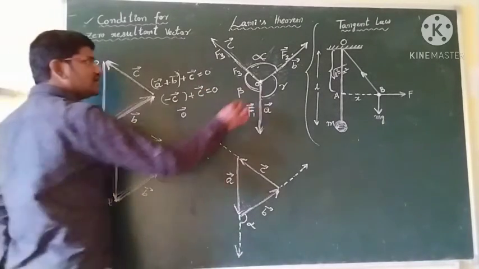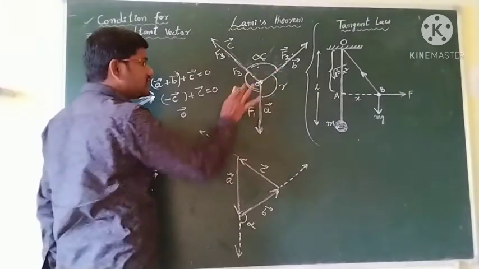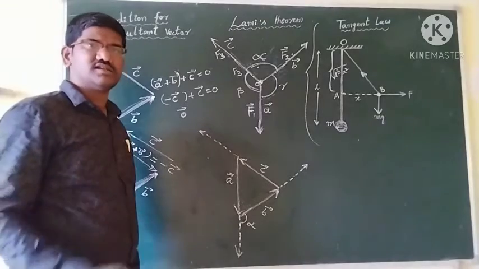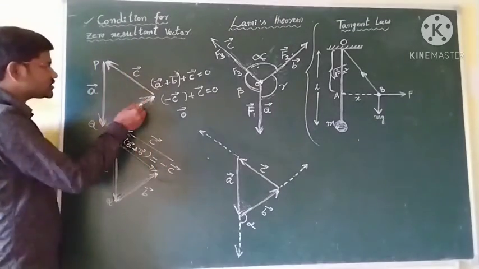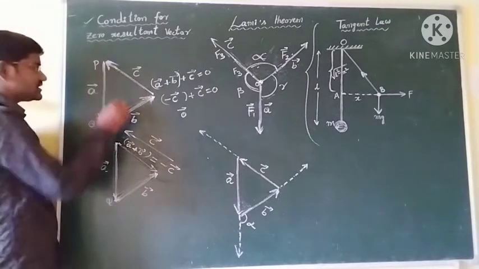So that's why, when three forces act at a point and keep the particle at rest, those three forces can be represented along the three adjacent sides of a triangle, taken in the same order only. Because if you add these two vectors, this is the b bar vector and this is the c bar vector.